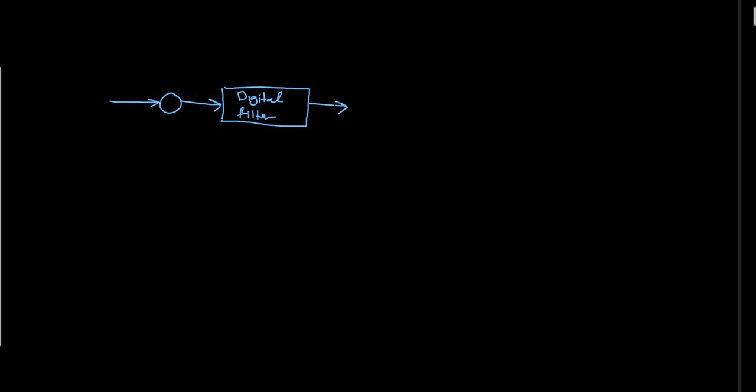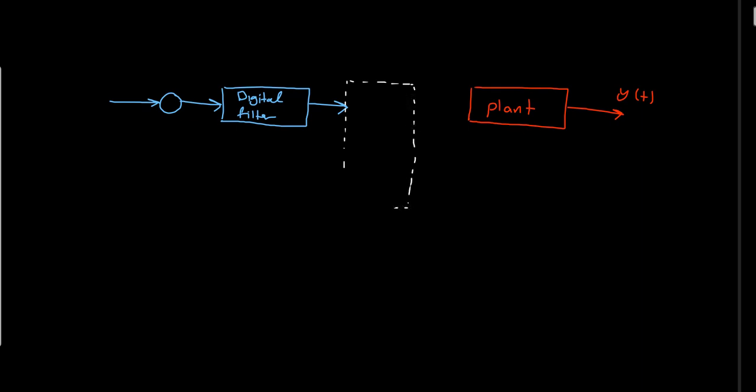Now I need to connect the output of the controller to the plant. Remember that the plant is in continuous time domain, which accepts a continuous signal. So here I need to do an interface between the digital platform and the continuous time domain.